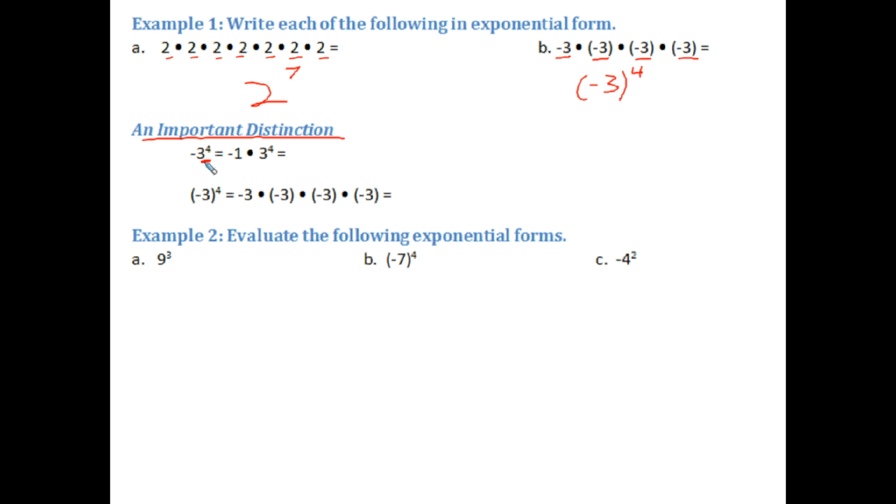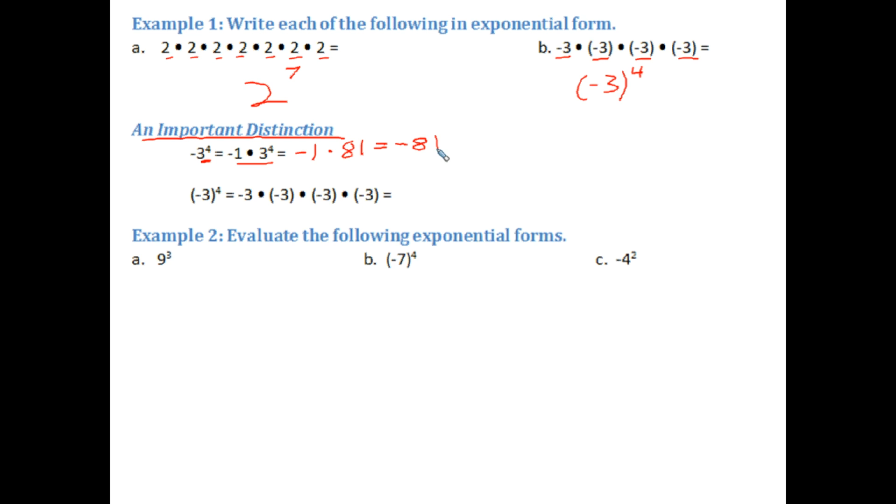So we can really think that's negative 1 times 3 to the fourth. So the 4 just goes with the 3, but it's negative. 3 to the fourth is 3 times 3 times 3 times 3. That ends up being 81. So that's a negative 81.